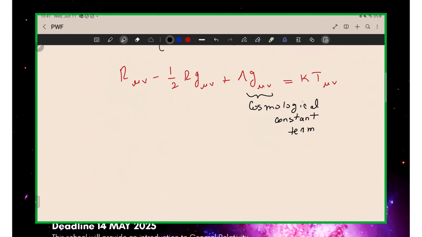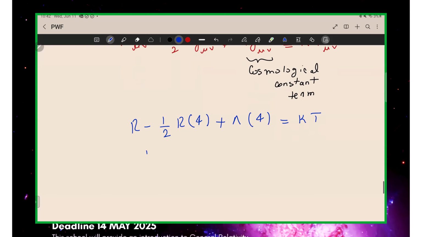That will give you R minus 1 over 2 R times 4 plus cosmological constant times 4 equals kappa times T. That will give you R minus 2R, but that's just minus R, plus 4 lambda equals kappa times T. And that will give you R equals 4 lambda minus kappa T.